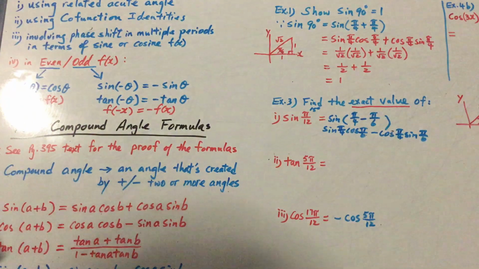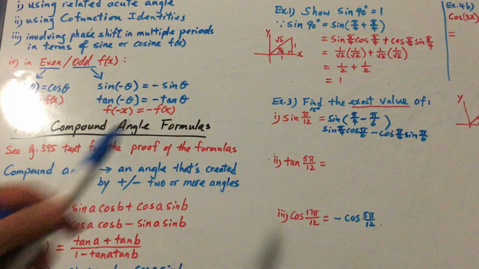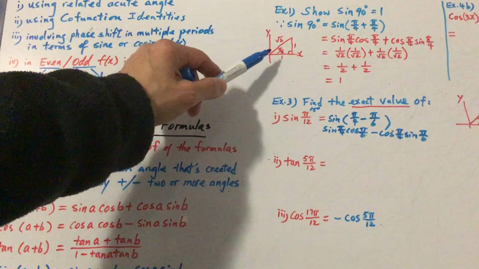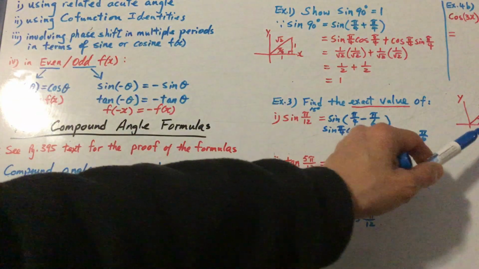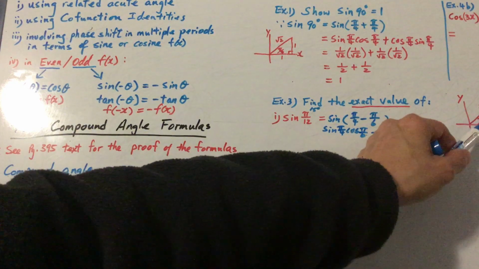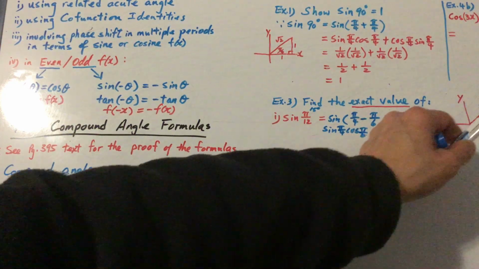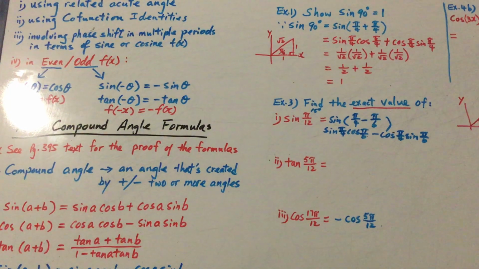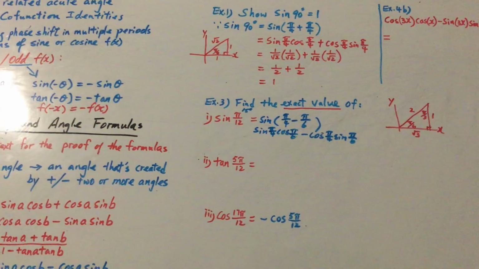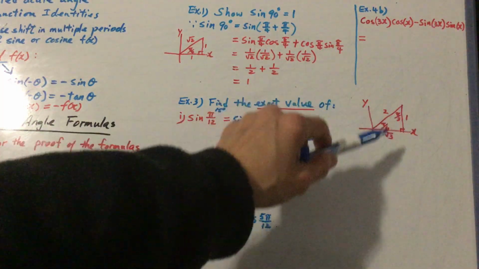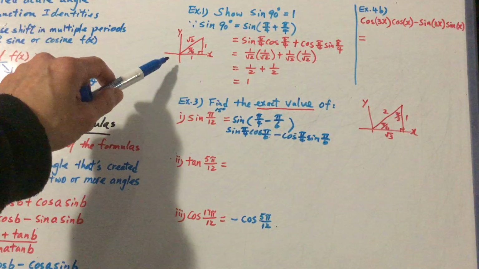And when I do a question like this, I always have this special angles diagram here so that I can look at those. Okay, so this will be the 30 and the 60, and so you kind of know what ratio, what side length they're going to have. I also have one for the 45.